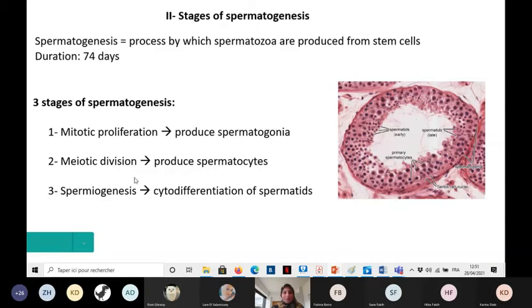Then the last step is the spermiogenesis, the differentiation of the spermatids into mature spermatozoa. This is called the cytodifferentiation process of the spermatids, the spermiogenesis.